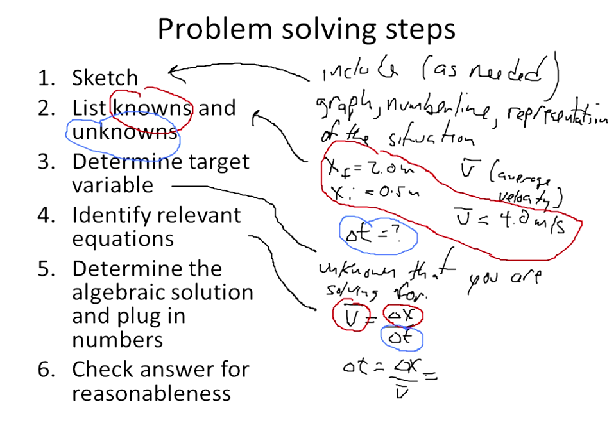So again, this is pretty straightforward. 2.0 minus 0.5 meters divided by 4.0 meters per second.